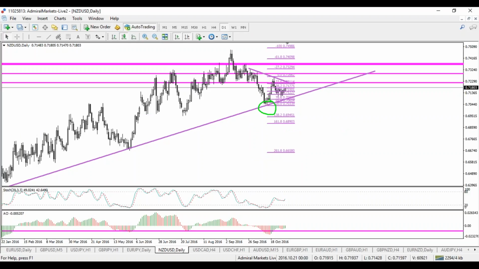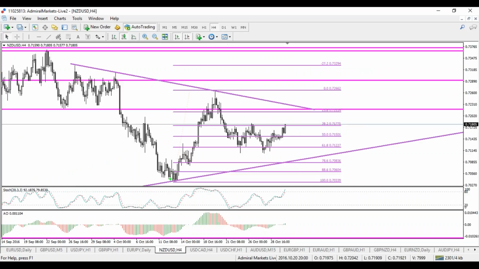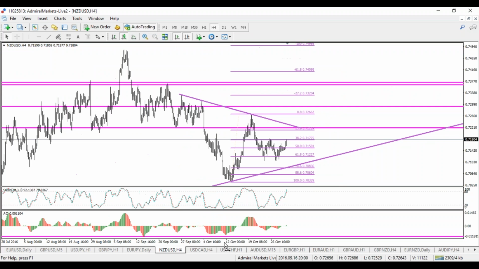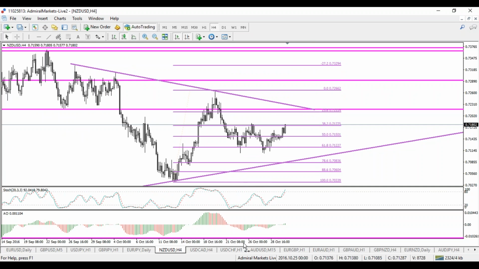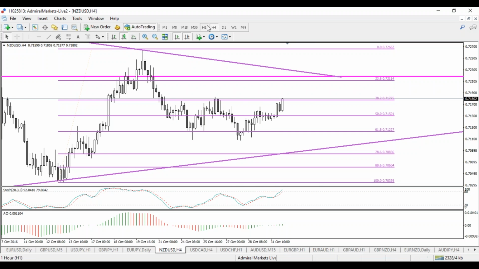Bouncing off this support trend line, as you can see, it could be a zigzag up to resistance there. So there was a bounce here, and there seems to be a pullback and continuation. At the moment, it looks like a zigzag, in fact, especially when you look at this big momentum to the upside. So the 61.8 bounce could have been a good trade.